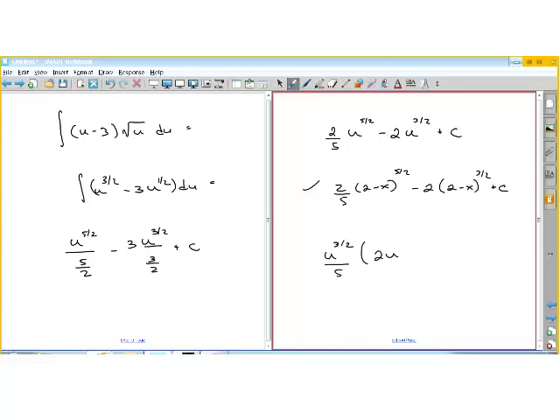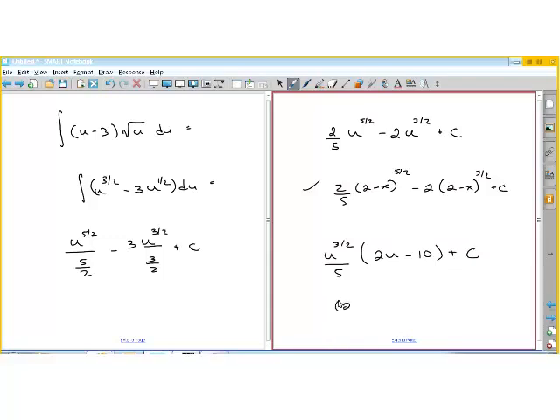So I take 5 in the denominator, I have to multiply by 5 in the numerator. And anyway, so you get 2u, and here we would get negative 10 because there is no denominator, so we're just multiplying 2 times 5 is 10. And we've already factored out u to the 3 halves. I'm just going to leave an arbitrary constant out there.